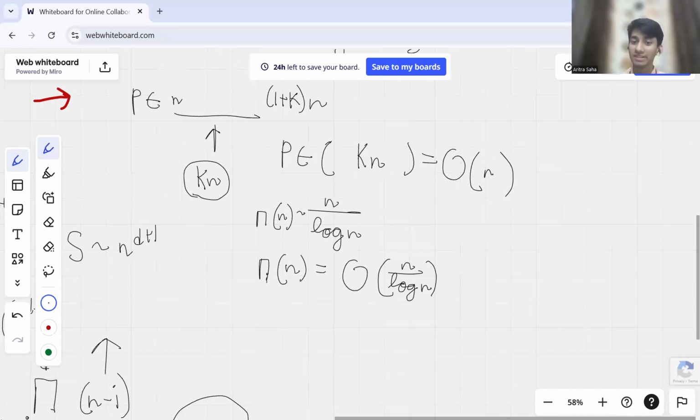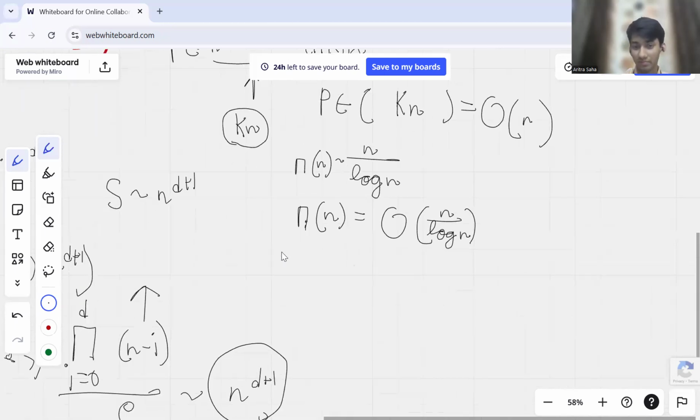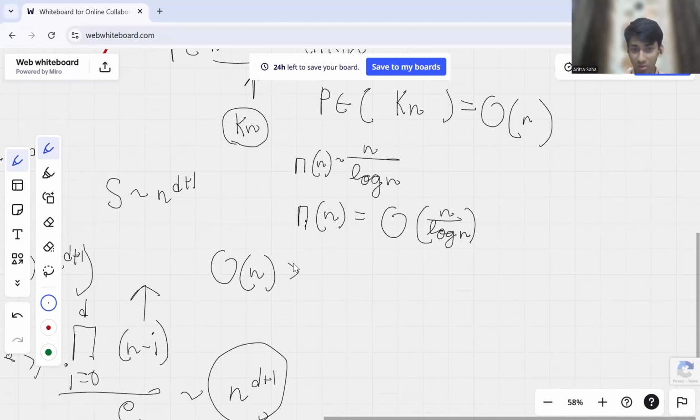So I need a prime to lie in the range kn, which is O of n. And I know that there are n by log n primes before the point n. And we know that O of n is greater than O of n by log n.